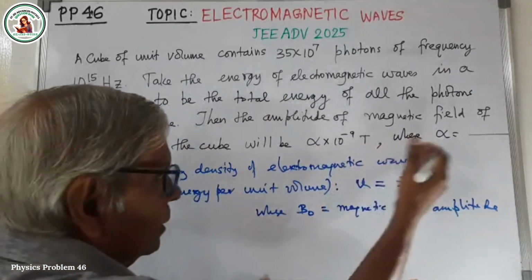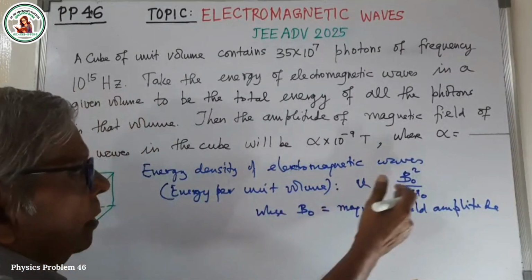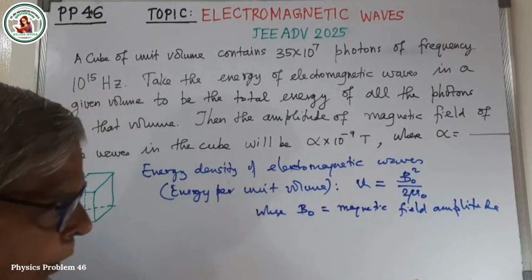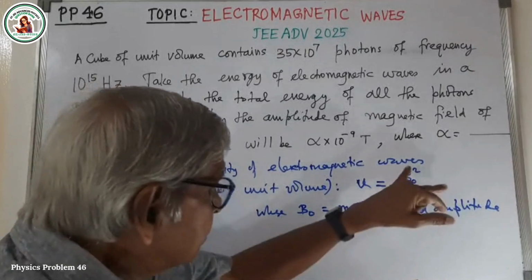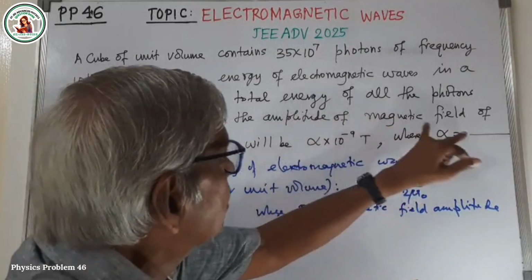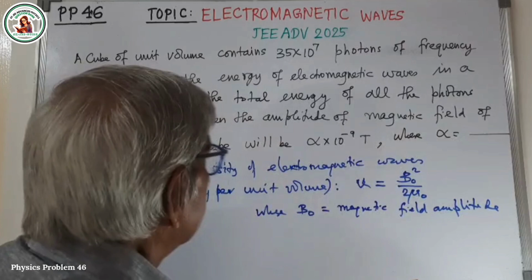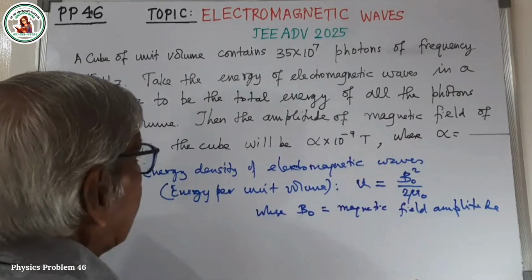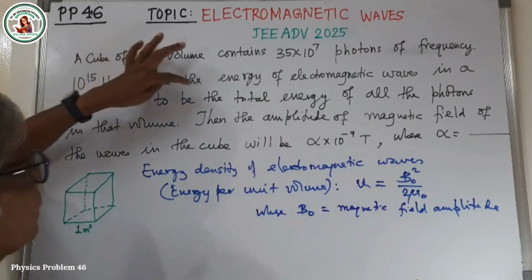In terms of the magnetic field, this is the formula, energy per unit volume. This B naught is what we want, the amplitude of the magnetic field of the waves in the cube. And this information is given in the question itself.